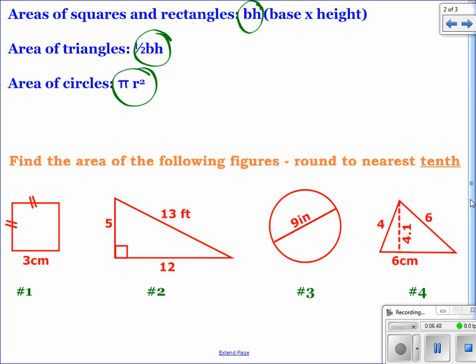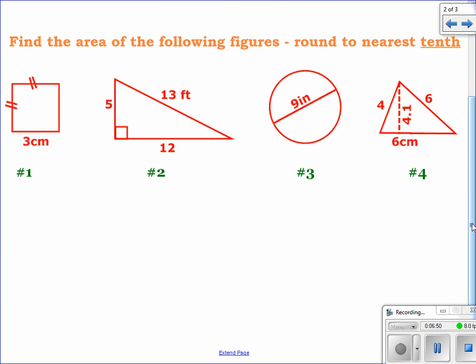So this is review from elementary school. I'm going to give you a couple of minutes to have 3 lines of work underneath each picture with the appropriate formula and the right numbers put in with the correct answer. You're not waiting for me to do the problems for you. You're attempting all 4 problems.